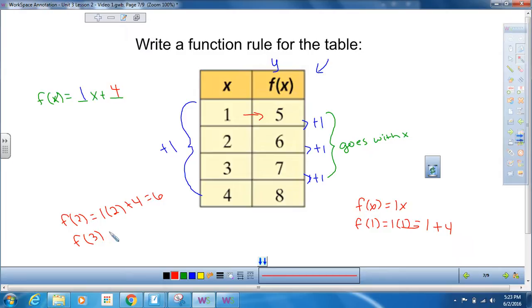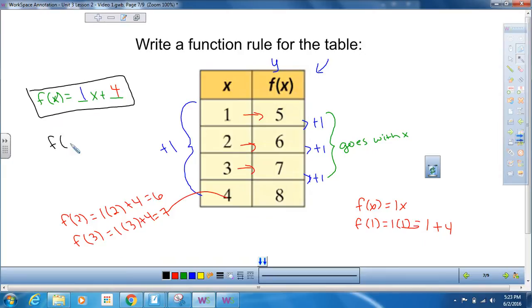I'm just noting I'm plugging in 3. So 3 times 1 is 3, plus 4 is 7. And that's what I'm wanting. So my function rule is this right here. F of x equals 1x plus 4. You know, sometimes when it's 1, we don't write the 1. We would just write x plus 4.